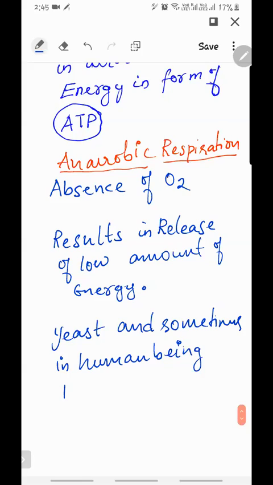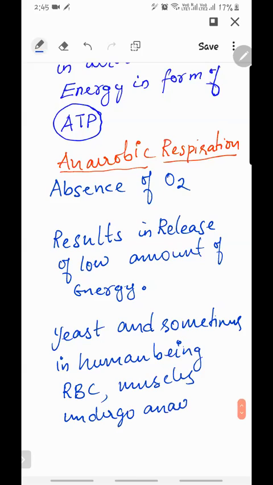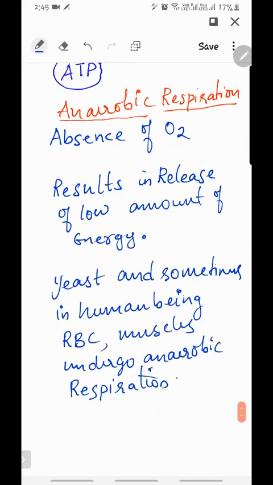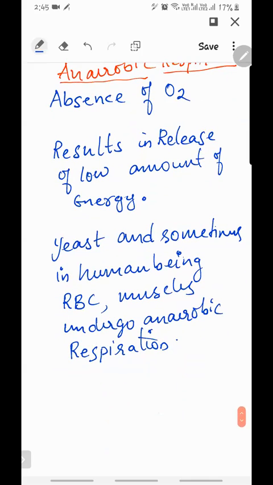In human beings, RBC and muscles undergo anaerobic respiration.